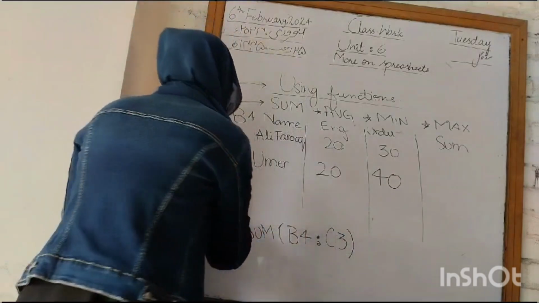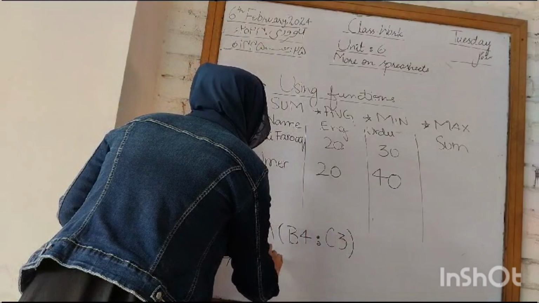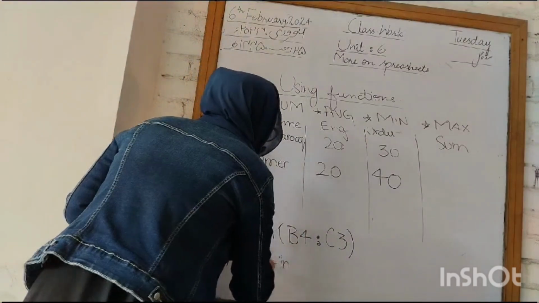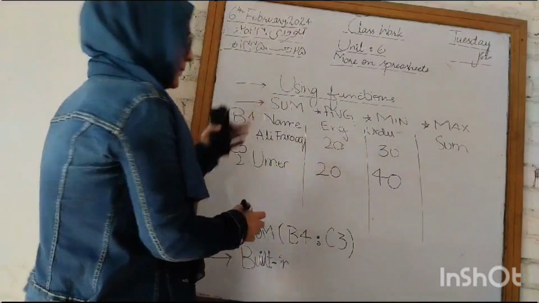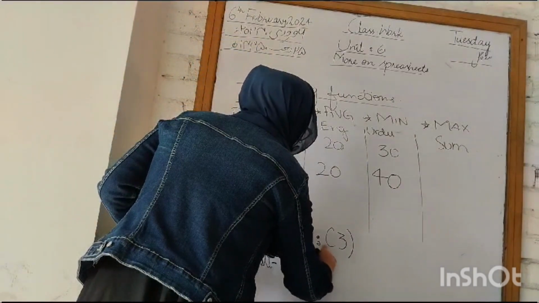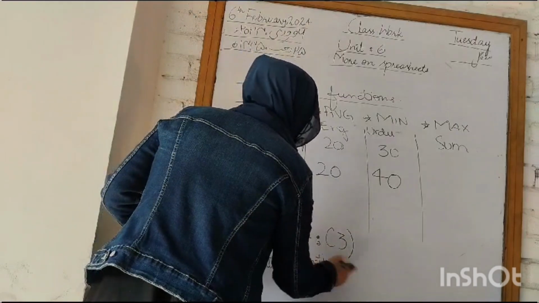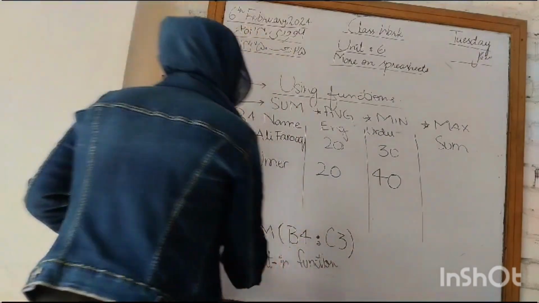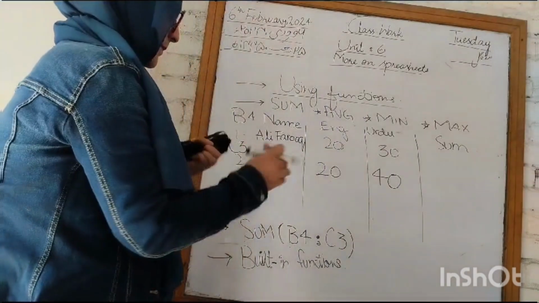These functions are built-in functions. Built-in means they are already saved in the directories of the spreadsheets. You just write sum and the two cells, and the sum will be done.